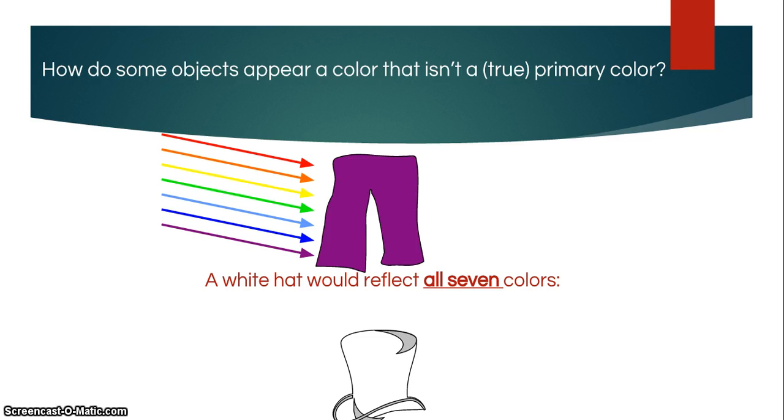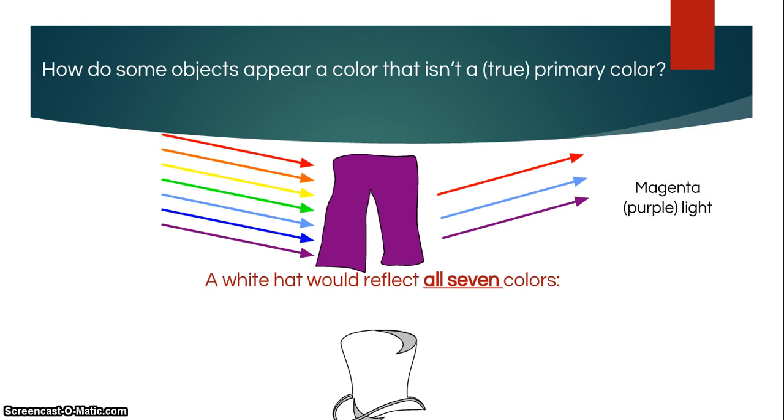Well, to make purple, and you guys probably realize this from art class, you would have all the visible white light coming, and you would definitely have 3 colors reflecting off of it, because we know that the mixture of red and blue makes purple, but also there would be some violet reflected as well. So when there's colors that aren't the primary colors, it's a mixture of colors. That means that more than one wavelength of light is being reflected off of it.